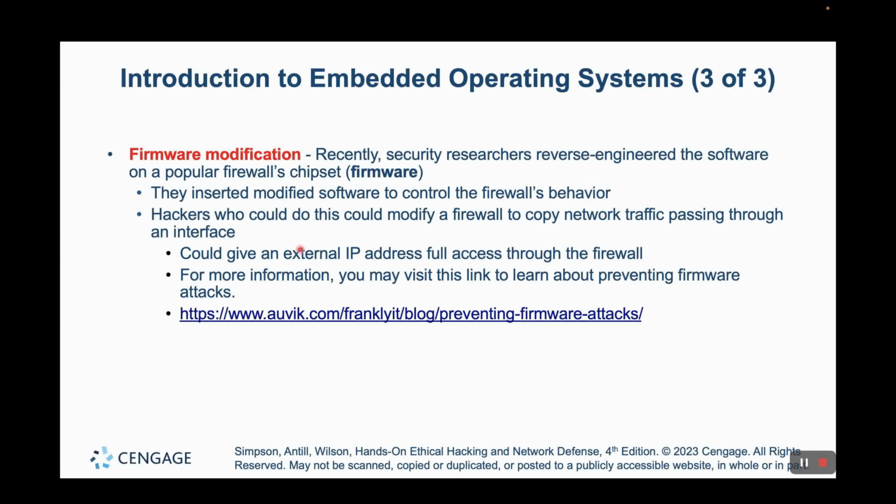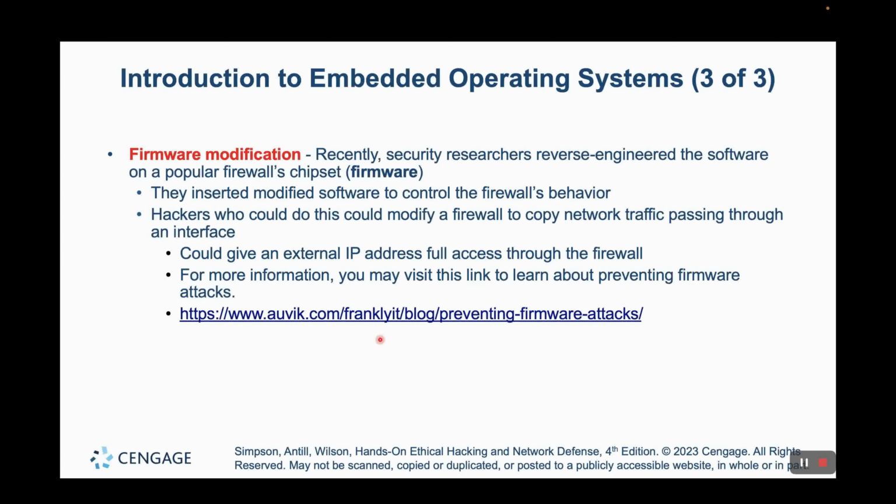Now imagine for yourself what a hacker can do if they're able to get to the firmware and modify it. This means they could modify the firewall to copy network traffic passing through the interface. If you want to learn more about countermeasures or preventing firmware attacks, you could read this link, for example.